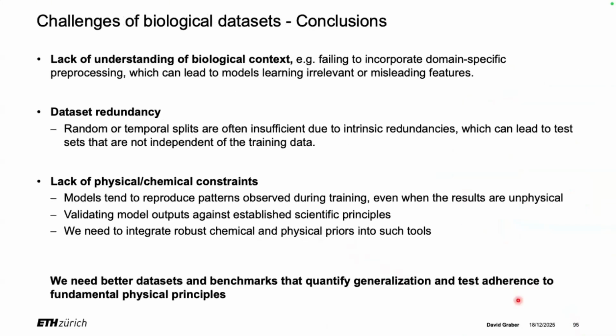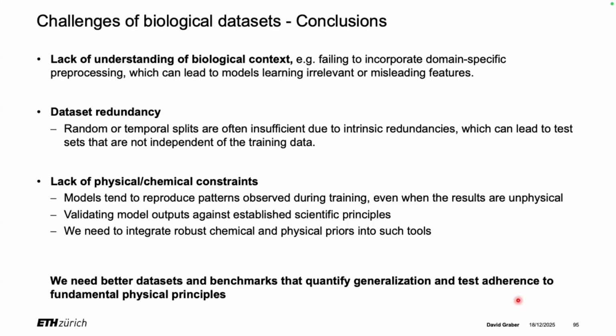So to summarize this part, one of the challenges that people face when using protein or biological data for model training is that they sometimes lack an understanding of the biological context. So they fail to incorporate domain-specific preprocessing, which can lead to models learning irrelevant or misleading features.